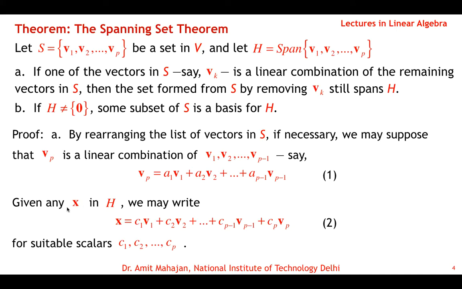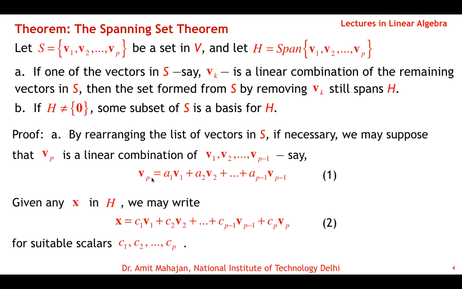And so if there is any vector in the set H, then because H is span of these vectors, X can be written as a linear combination of these p vectors. So for any X in H, we can write X as a linear combination of v1, v2 and vp.